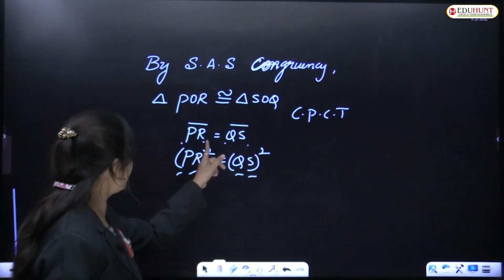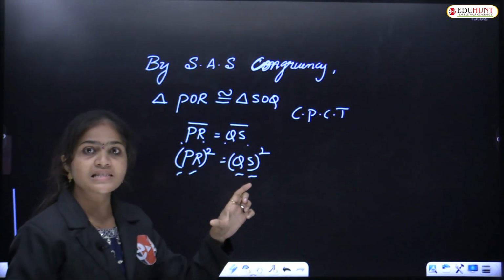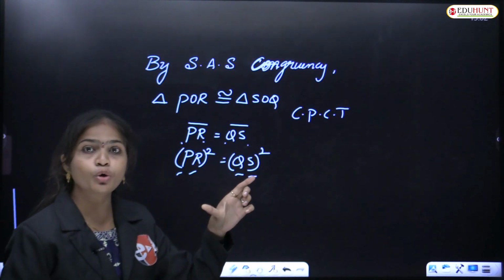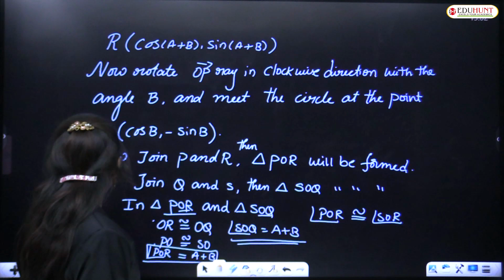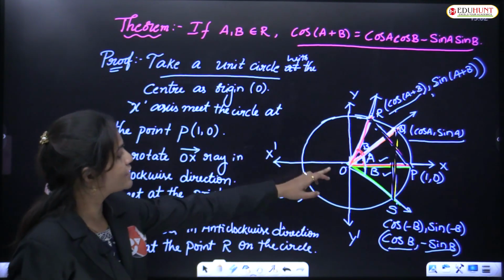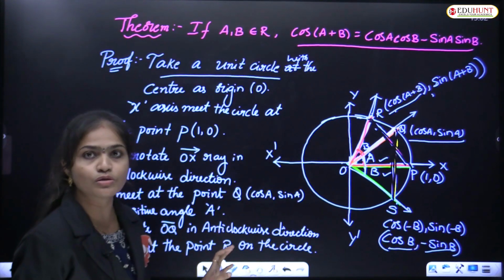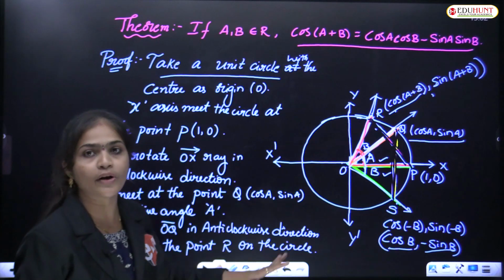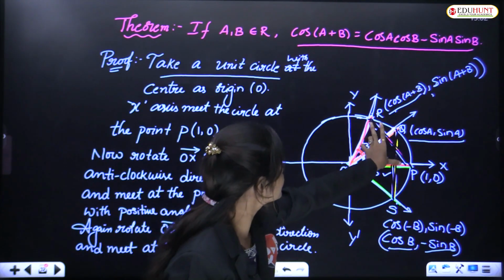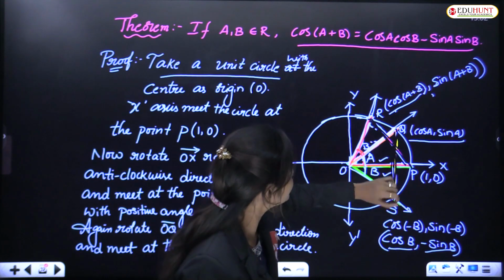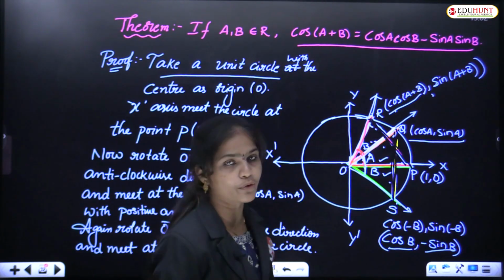Okay, so PR and QS, those two we can consider as the distance between 2 points. Why? Because the points P, Q, R, S all have some coordinate points, no? So we have to find the distance between these 2 points and the distance between those 2 points.